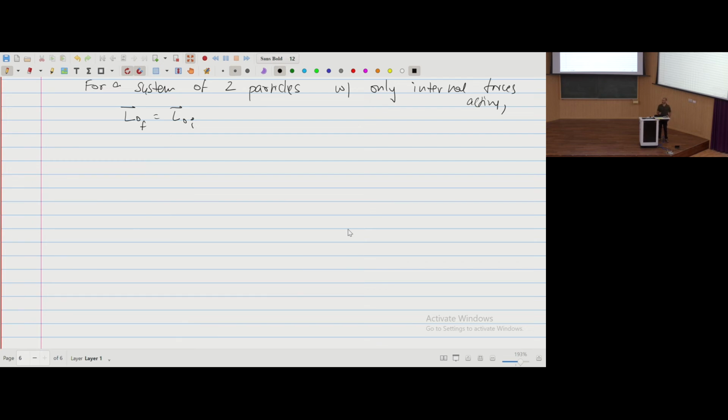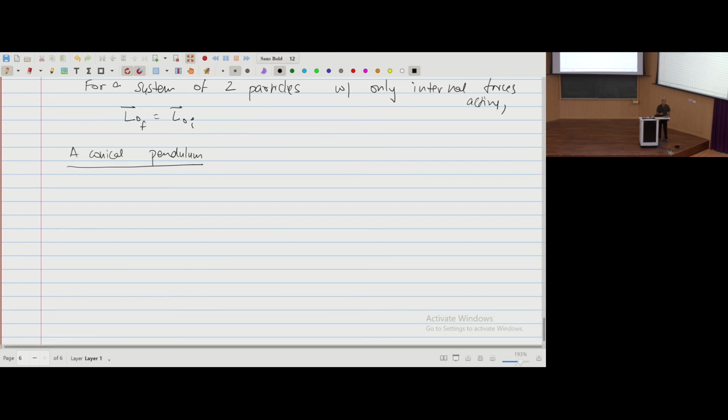It is the problem of a conical pendulum. We will discuss the problem in multiple parts. The first part is you have a conical pendulum. The conical pendulum is a pendulum which has a rod and a mass m.